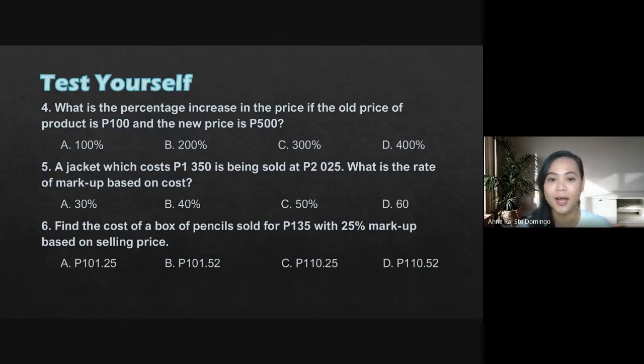What formula did you use? What did you do first? Please explain how you got it. That is correct. The cost is 101.25. The selling price is 135, right? You subtract 135 by 25% of 135, since we first got the markup from the selling price. So here we have 135 minus 135 times 0.25. So we have 101.25 pesos.